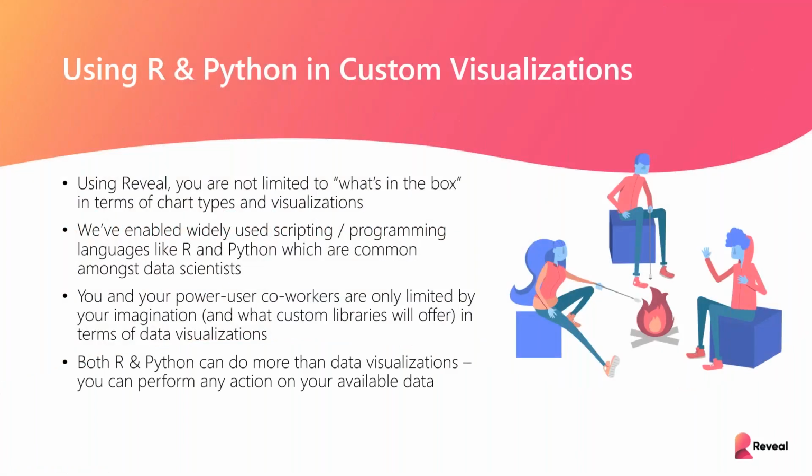We added R and Python scripting in a release in the product last year, around December, I believe. And it really just allows you to use these custom libraries in Reveal. So what we're trying to do is not limit you to what's in the box in terms of chart types, visualizations, and even the overall capability of Reveal.